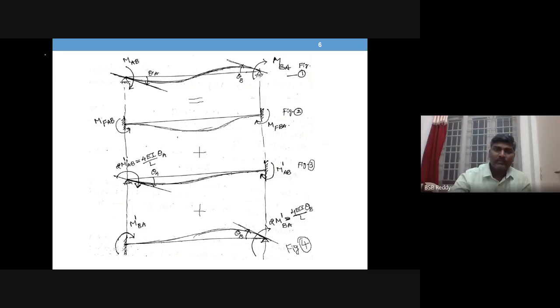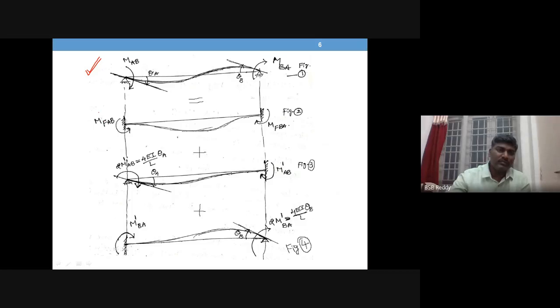So this is the actual figure that is being taken from any of the structure. First arrest the rotations. You make theta A 0, theta B 0. Then the given loads will cause moments at A and B. That is what we are writing, MFAB and MFBA.